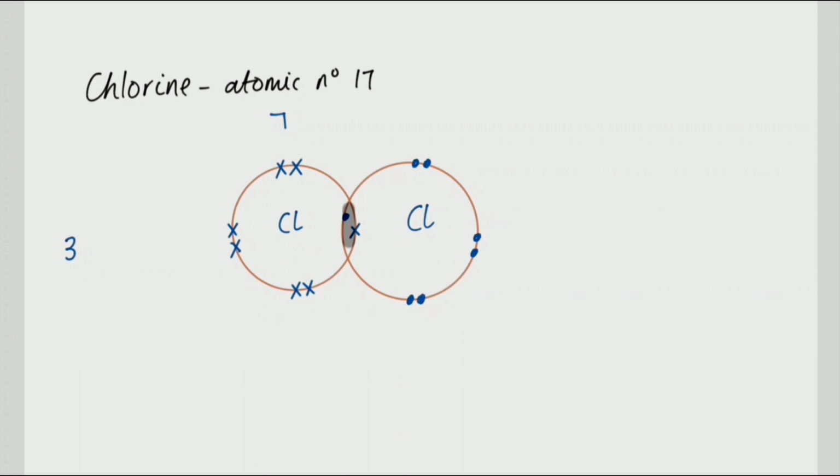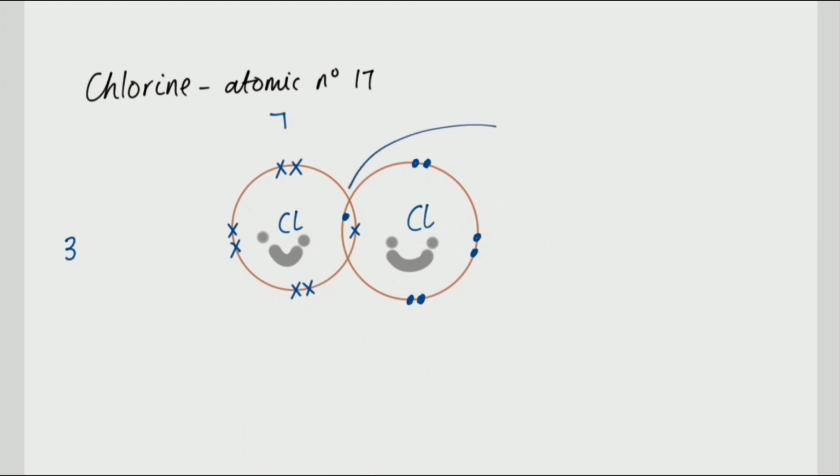Now let's count whether each chlorine atom has a full outer shell. The first chlorine atom has 8 electrons, 2 of them being shared. And the other chlorine atom also feels as if it's got 8 electrons. So both chlorine atoms feel as if they've got full outer shells, and so they are stable.